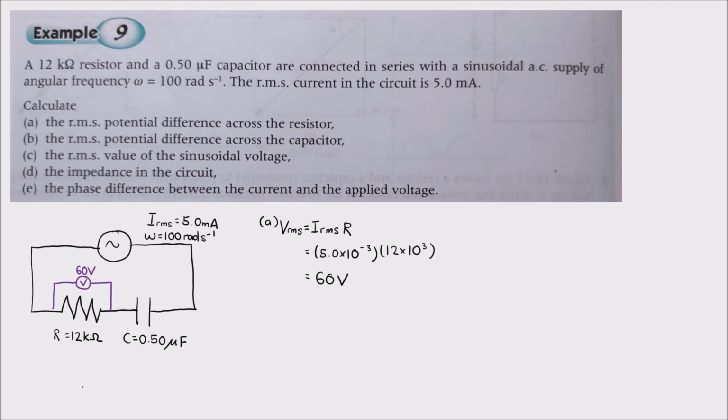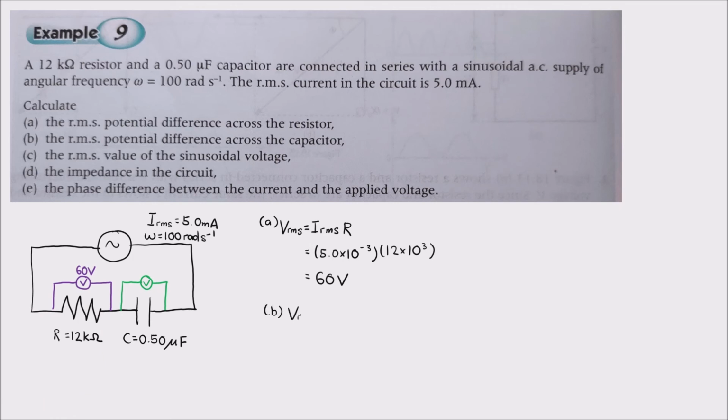Okay, so moving on to question B. Question B asks for the RMS potential difference across the capacitor. So for B, what you do is you connect a voltmeter across this capacitor and you try to determine the value. The value that you determine using a voltmeter will be the RMS voltage across the capacitor. So let's try to find the RMS potential difference across this capacitor.